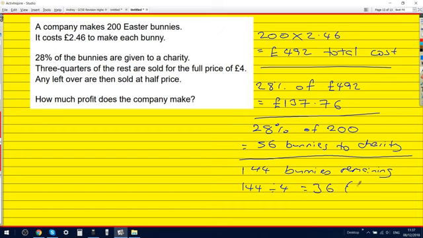Would you do, is that just 1/4? So would you times that? Did you do 3/4 of 36? You could. Let's just see. So we got 1/4 of the. No, let's get the 3/4 like they asked.